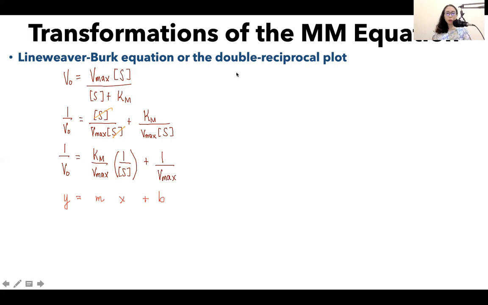So for this one, what we plot on the x-axis is the inverse of the substrate concentration. On the y-axis, we have the inverse of the initial velocity, and we will get a straight line.